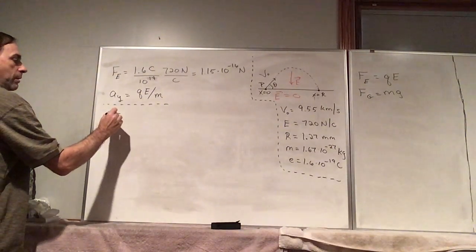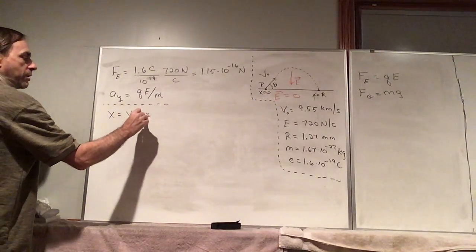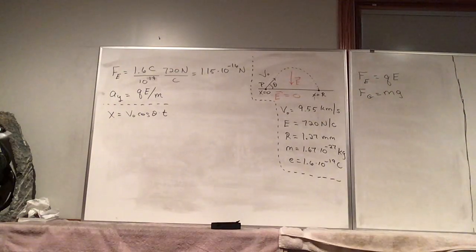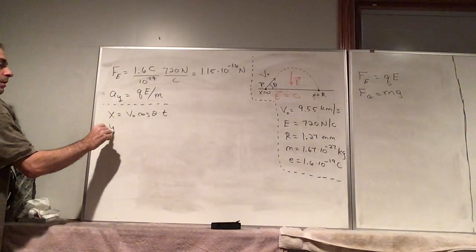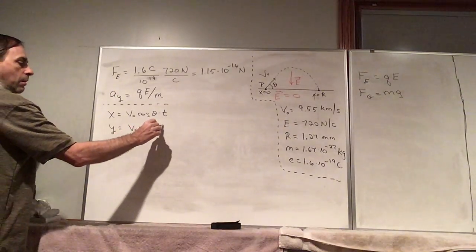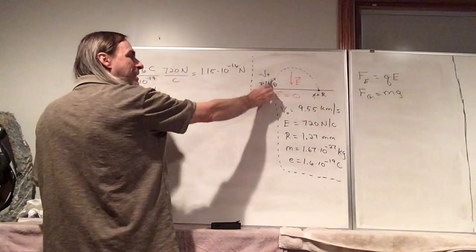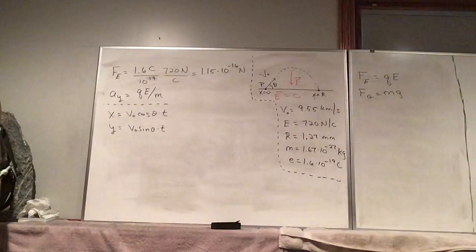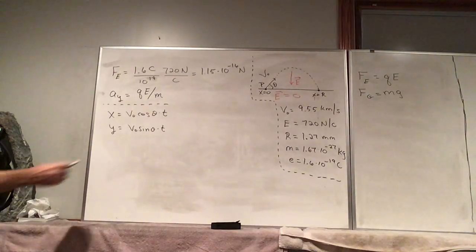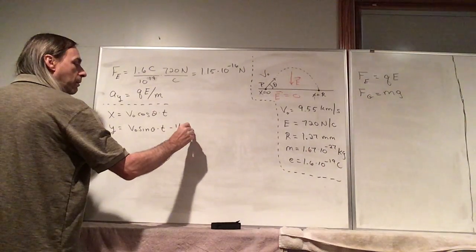The x-coordinate is just v0 cosine theta times t, and for the y component we have the initial velocity in the y direction, v naught sine of theta, and then we have that acceleration term, minus 1/2 a t squared.